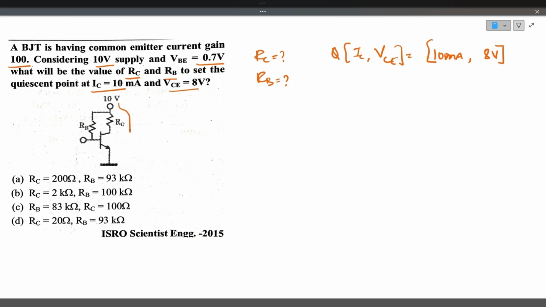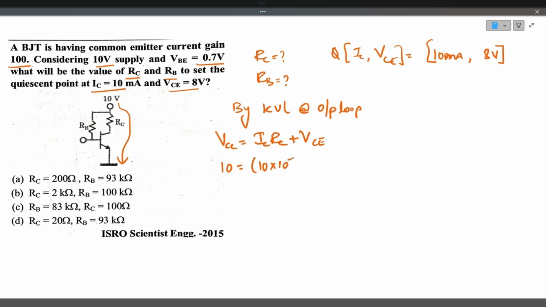If you apply the Kirchhoff voltage law in the output loop, by applying KVL at the output loop, you will get VCC is equal to ICRC plus VCE. So substitute the values now. VCC is 10 volts. The collector current is given as 10 milliamps. The collector resistance is not known. VCE is given as 8 volts. So substituting these values, the collector resistance RC will be equal to 200 ohms.